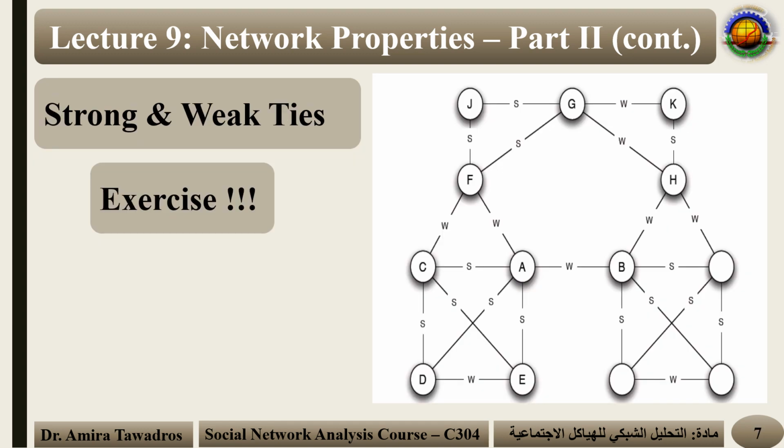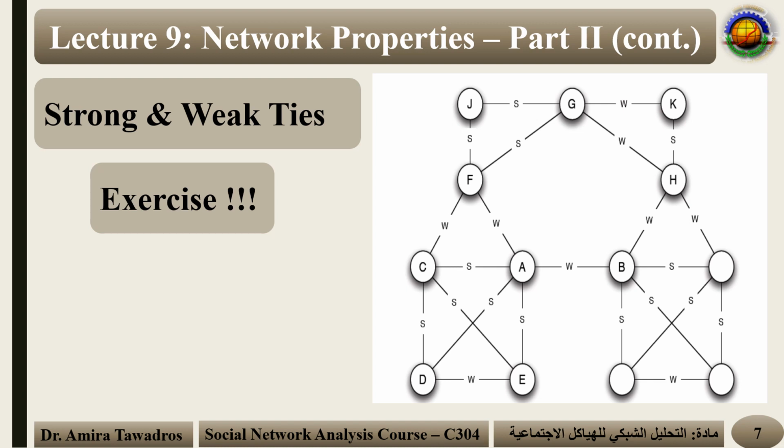For simplicity, we can differentiate between two types of links or ties, strong and weak. We call a link a strong tie if there is a strong relationship between the two nodes participating in this tie. Similarly, we call a link a weak tie if there is a weak relationship between the two nodes participating in this tie.